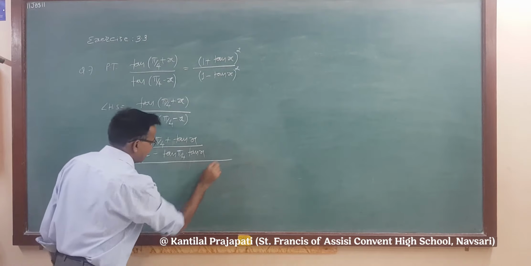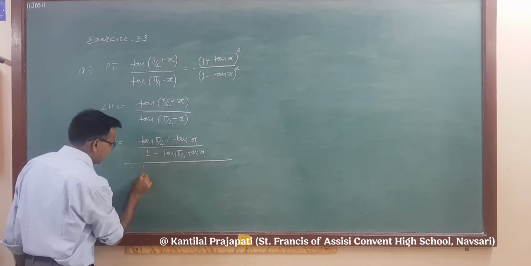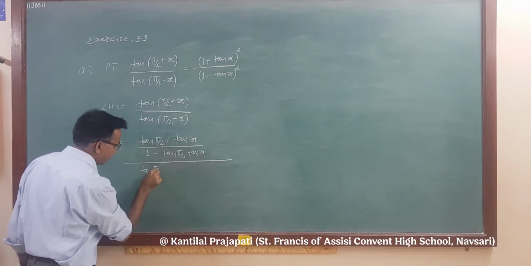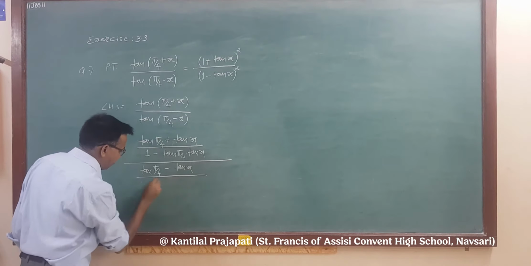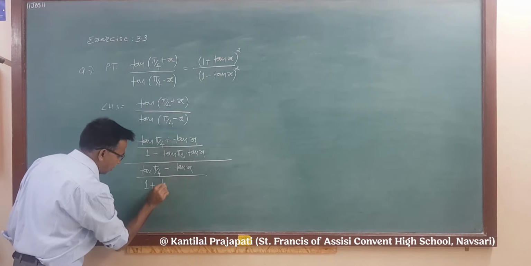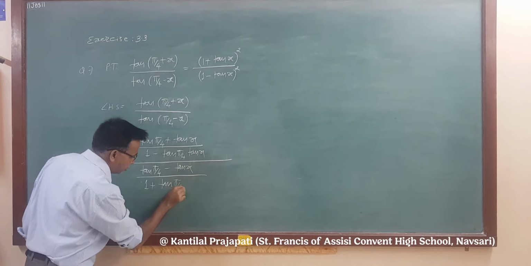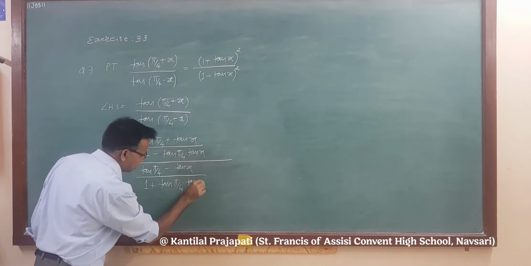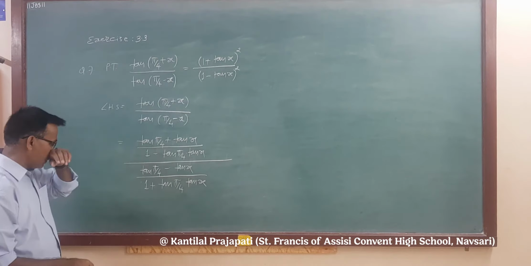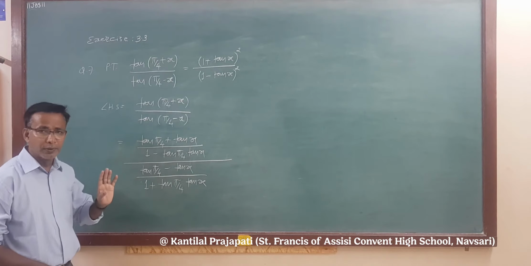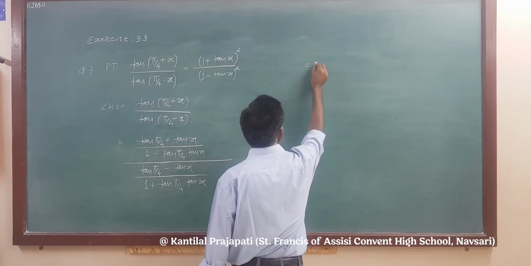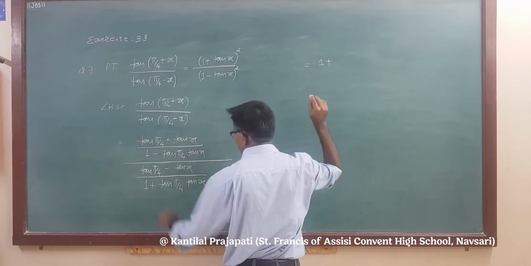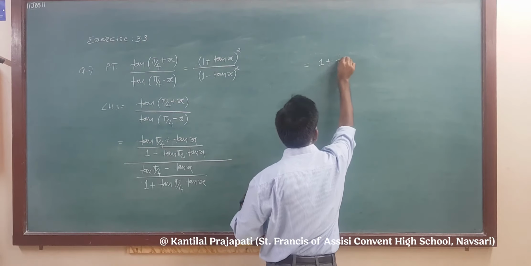Right? Similarly in the denominator, tan of pi by 4 minus x, that is tan pi by 4 minus tan x upon 1 plus tan pi by 4 into tan x. Substitute the value of tan pi by 4, which is equal to 1. So we write 1 plus tan x.